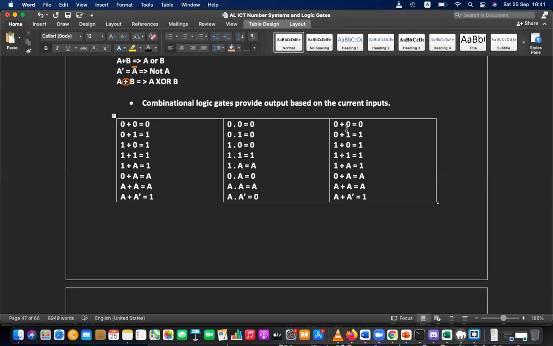Okay, let's go to the XOR gate. I have to add this circle. That is the difficult part here. Need few circles. Okay.